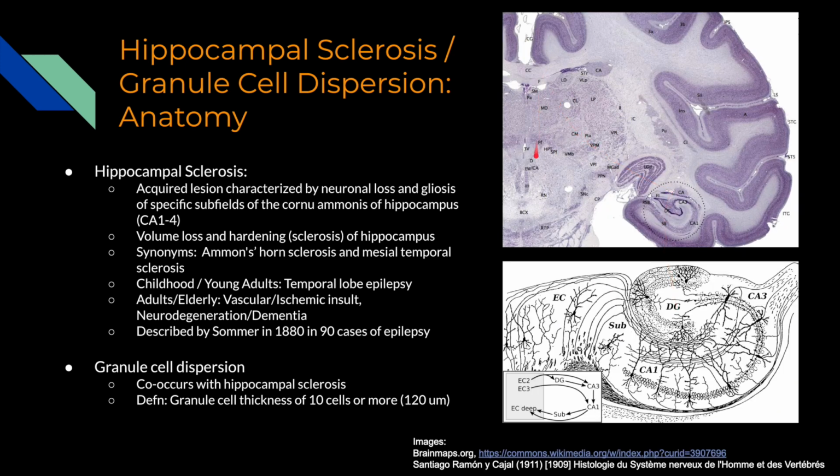So here is a section of the brain. It's a coronal section. It's stained with cresyl violet or a Nissl stain, which allows you to see the neuronal cells, which are colored here in purple, and then the white matter is free of this dye.